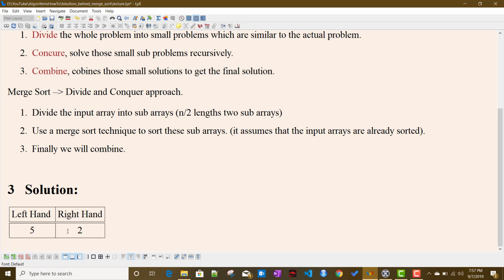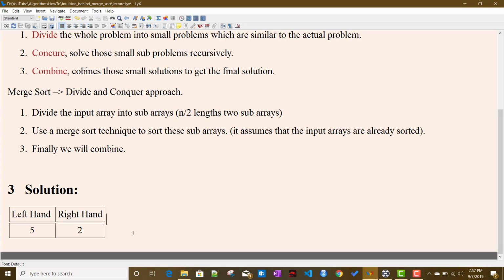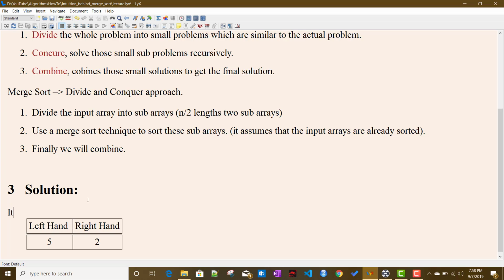So in our left hand we have 5, in our right hand we have 2. Which one is smaller? The right one is smaller, so I will write 2 first. Then I have exhausted my right hand, so I will write the remaining portion of our left hand, 5, to create the final array 2 comma 5 over here. So this is iteration 1.